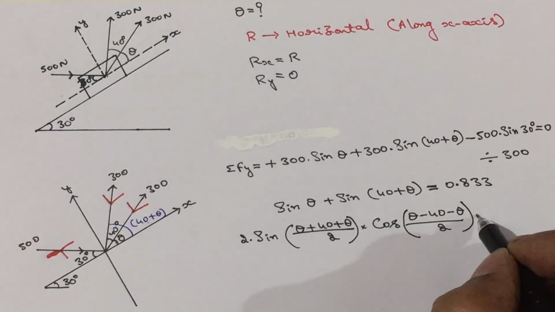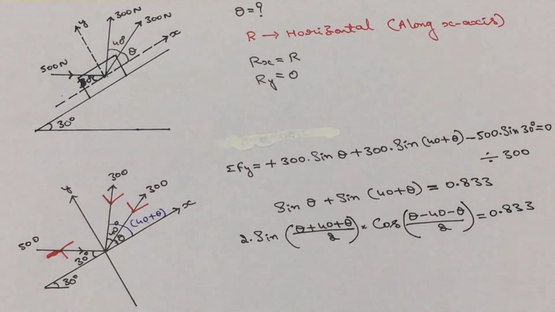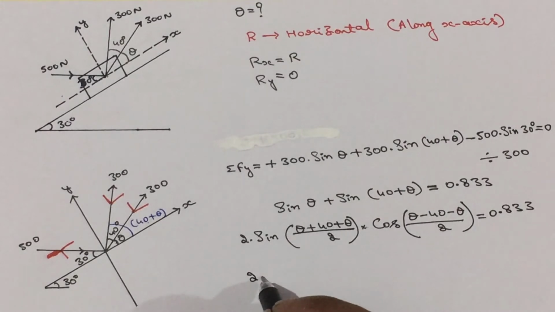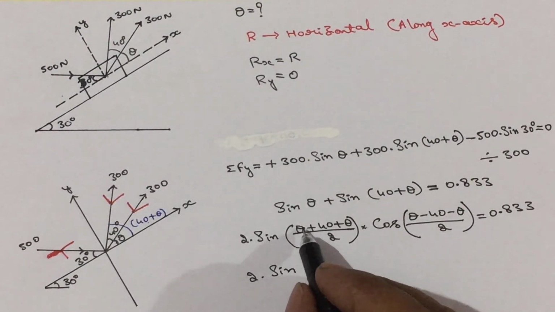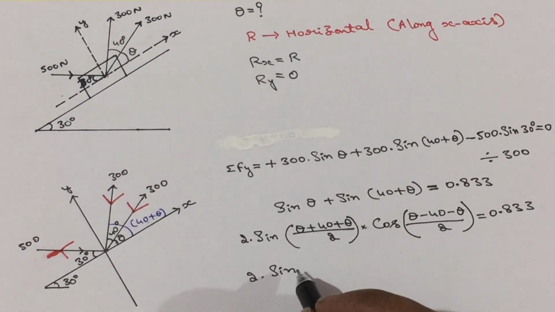Then that should be equal to 0.833. So, solve it. 2 into sin of, here 2 theta plus 40 divided by 2. If we divide it by 2, you are going to get 20 plus theta.